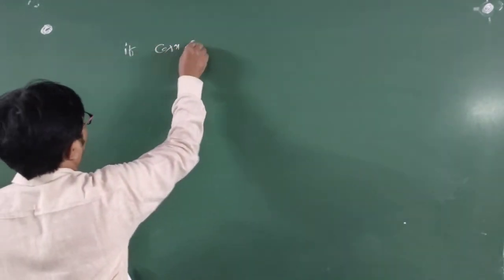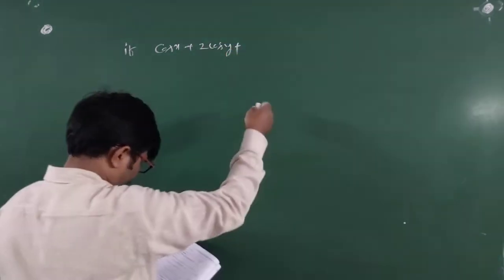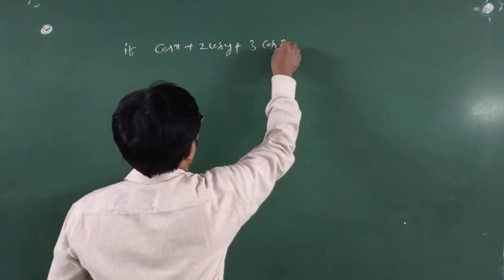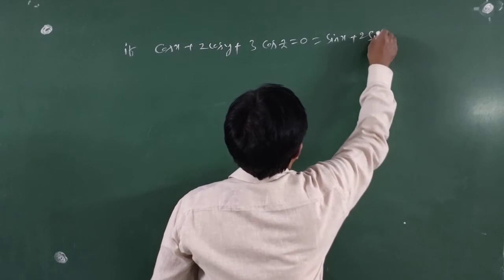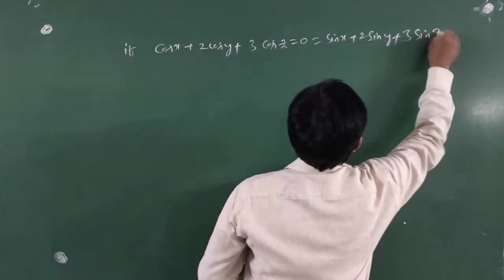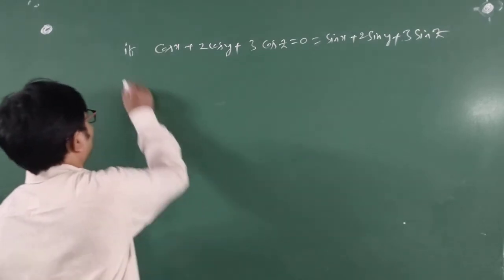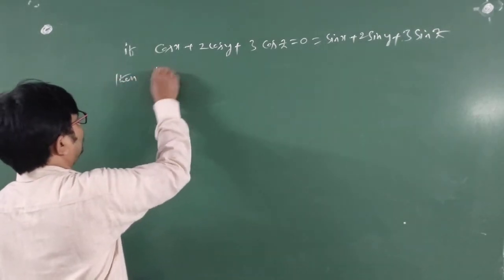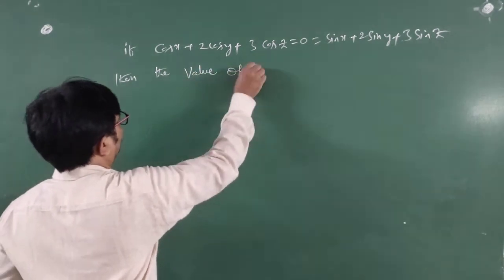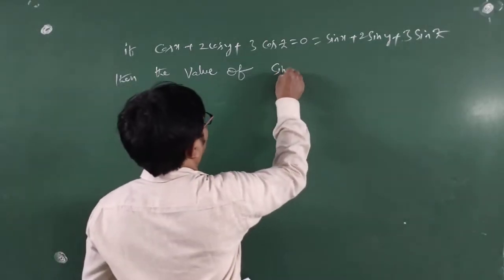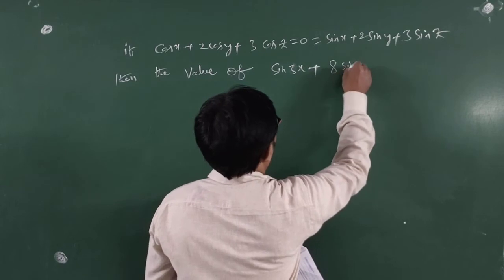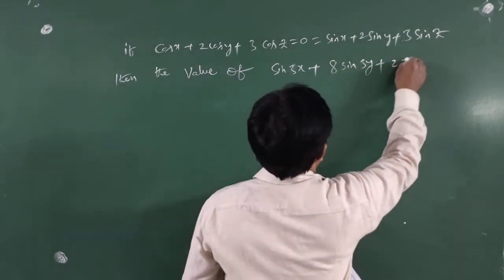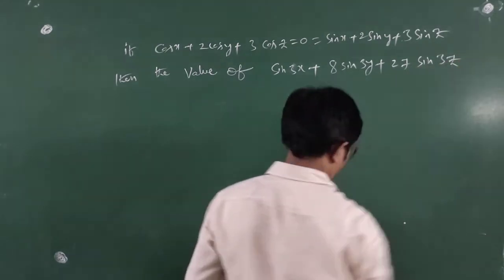Now students, the next one: if cos x plus 2 cos y plus 3 cos z equals 0, and sin x plus 2 sin y plus 3 sin z equals 0, then find the value of sin 3x plus 8 sin 3y plus 27 sin 3z.